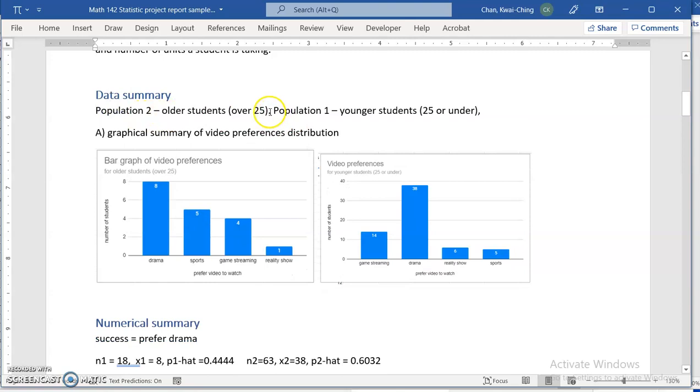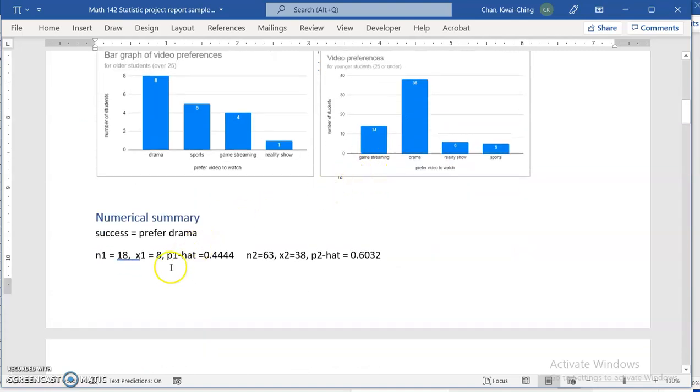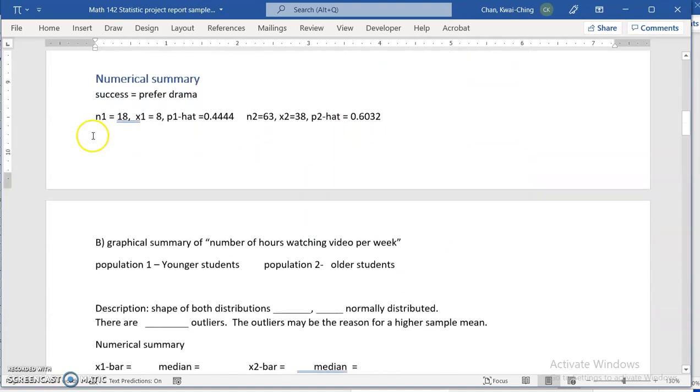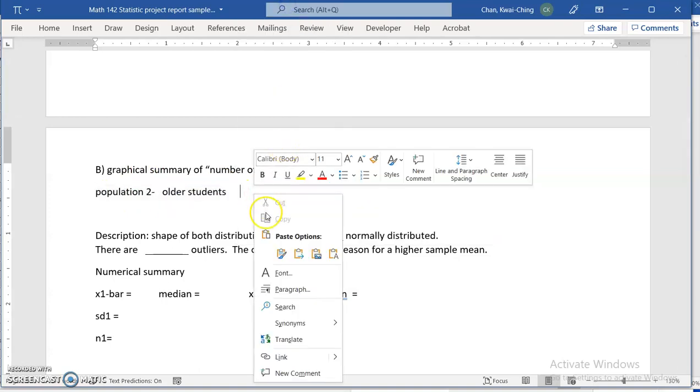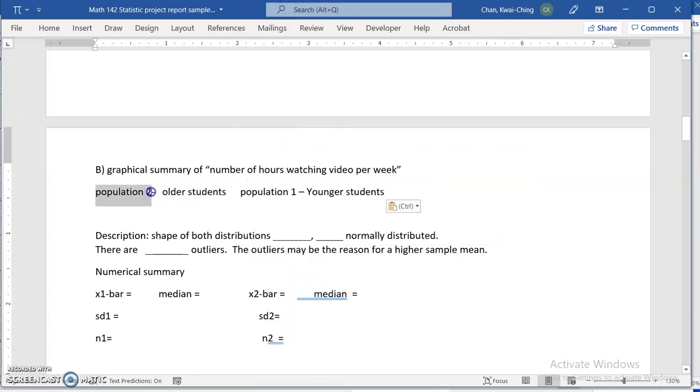Just to make sure that your 1 and 2 are correct. Population 1 is older. Population 2 is the younger. Yeah, older, younger. Yes. And then we would do the number of hours. So again, this is also wrong. Population 1 is older. Population 2 is the younger students.